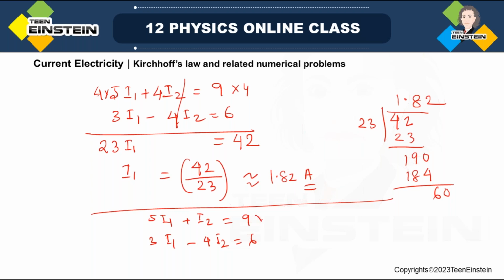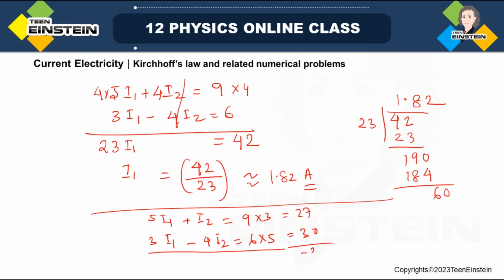So here I multiply by 3, here I multiply by 5, and then I have to subtract. So this will be 27, this will be 36.